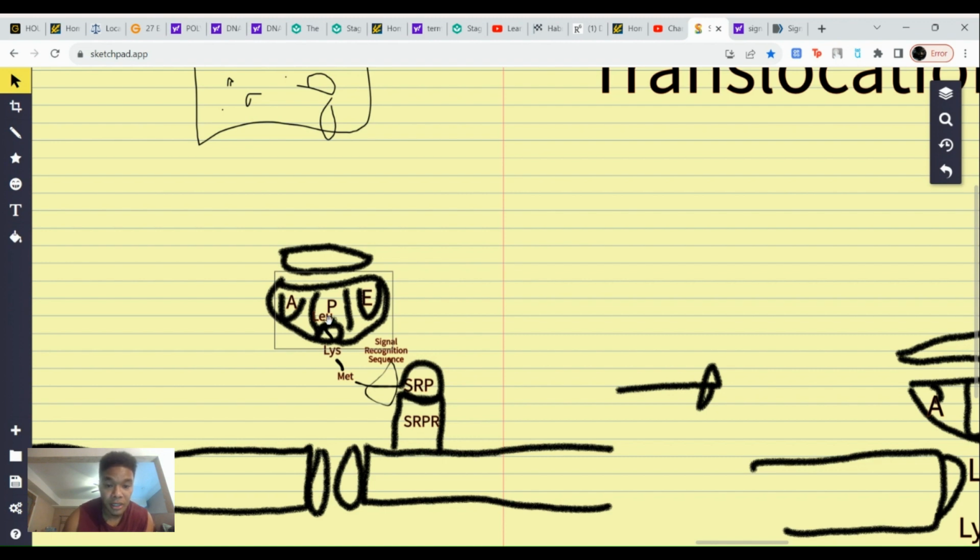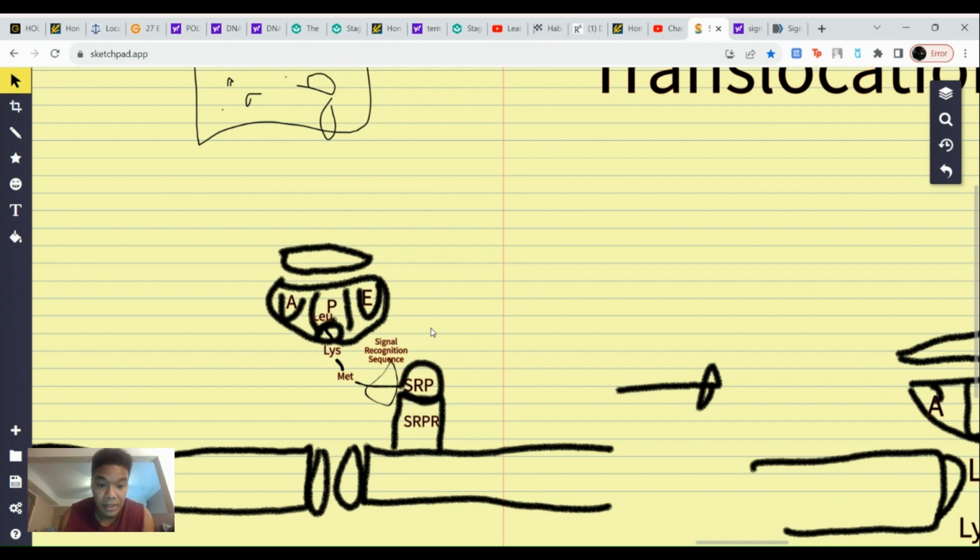So the signal recognition sequence, this is something new. The signal recognition sequence is a group of amino acids, I believe, that are coded for before the initial start codon and methionine.